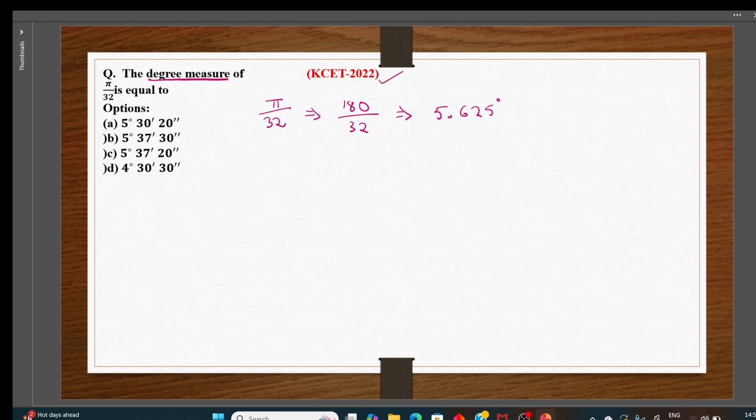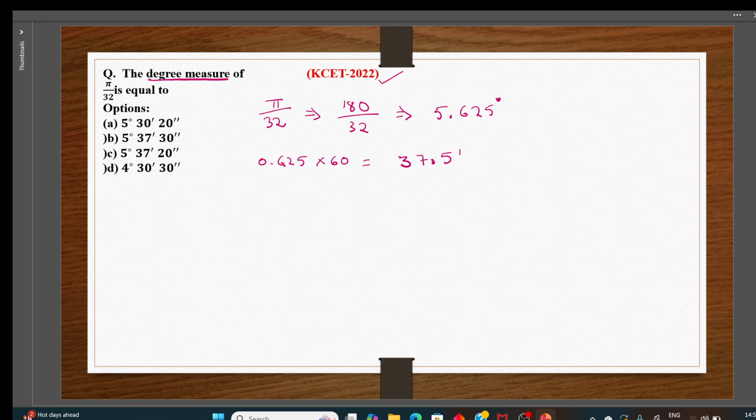180 by 32 gives 5.625 degrees. This 0.625 degrees is also converted into minutes and seconds. For that, 0.625 into 60, we get 37.5 minutes.